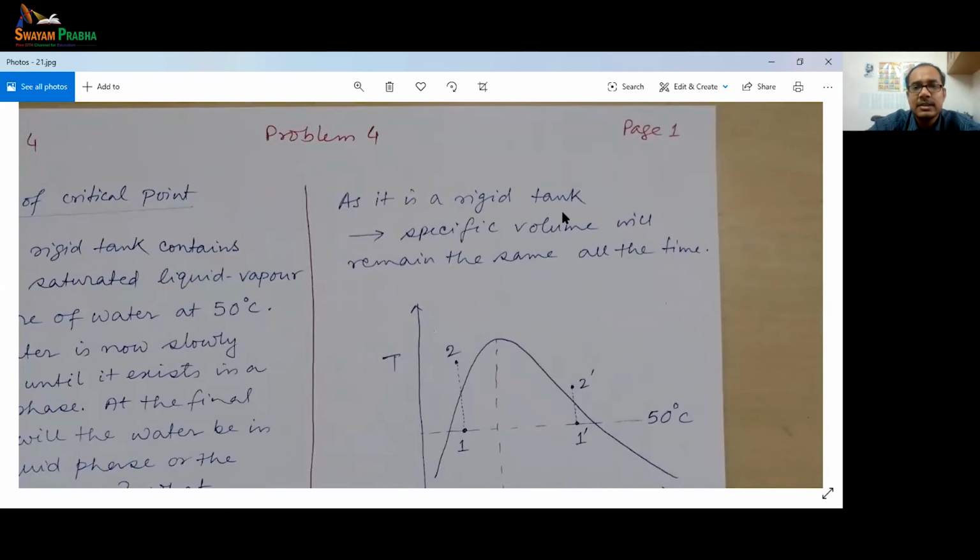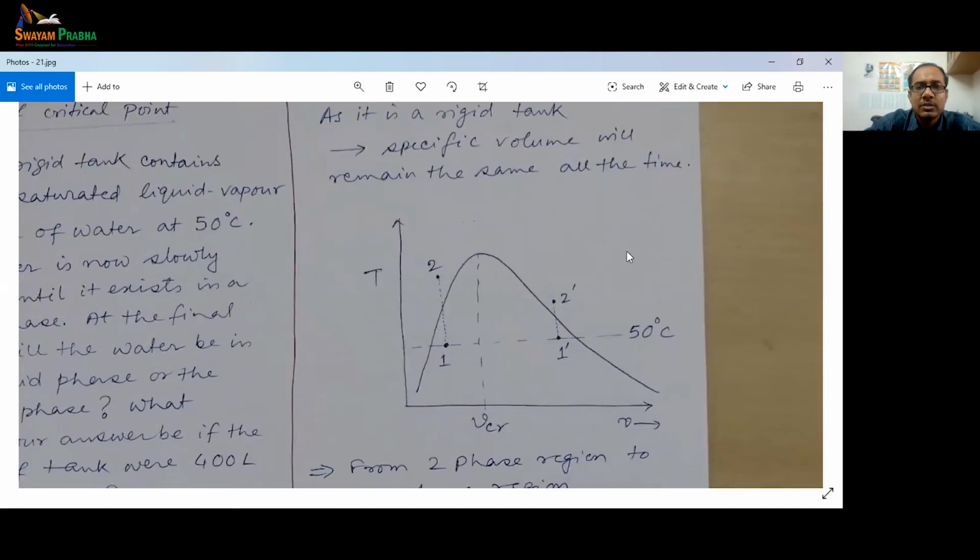This tank is a rigid tank, right? So the specific volume will remain the same all the time, because specific volume depends on two things: one is mass, the second one is volume. For a rigid tank, neither mass nor volume can change, so specific volume will be the same.